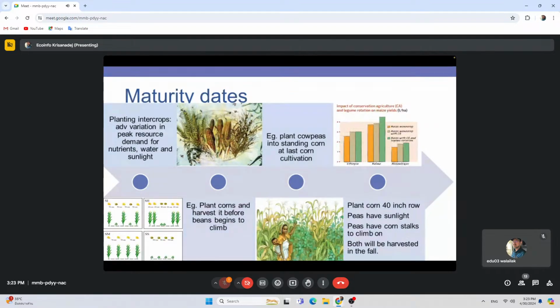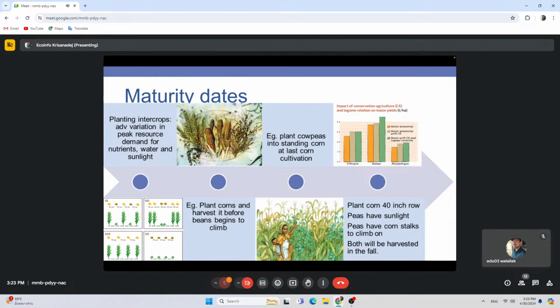For maturity date, planting crops. The advantage of planting crops is variation in the peak resource demand for the nutrient. That means if you plant two different things and they mature at different times, they require high nutrient at different times.